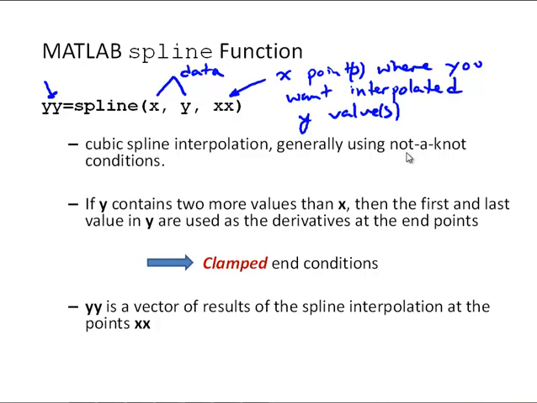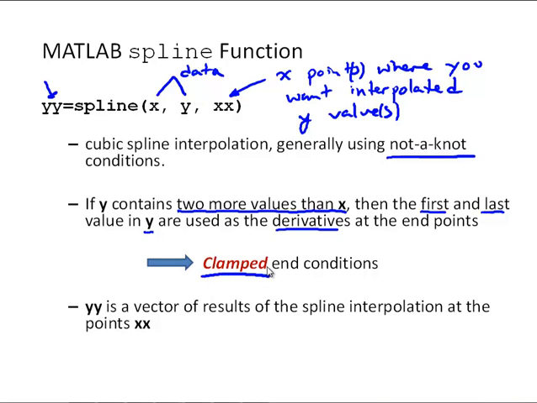The default here will use not-a-knot end conditions, but when you give it data, if y contains 2 more values than x, then the spline function will interpret the first and last values in y as the derivatives at the endpoints. So this is how you would use the spline function to implement clamped end conditions.